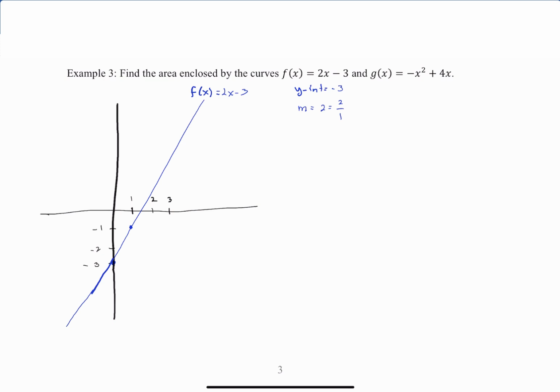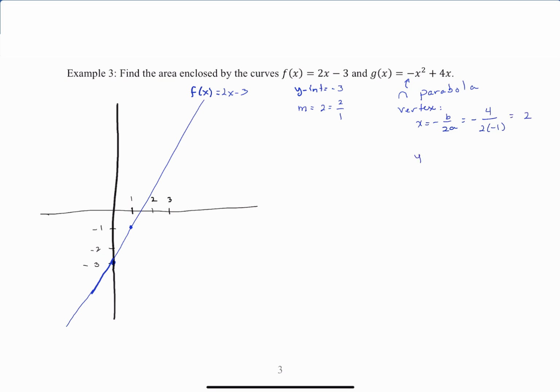G of x is a parabola. It's going to be upside down because of the negative coefficient on the x squared term. The vertex, well, the x-coordinate is at minus b over 2a. So that's minus, b is the coefficient on the x, which is a 4, and a is negative 1, so the x-coordinate of the vertex is 2.